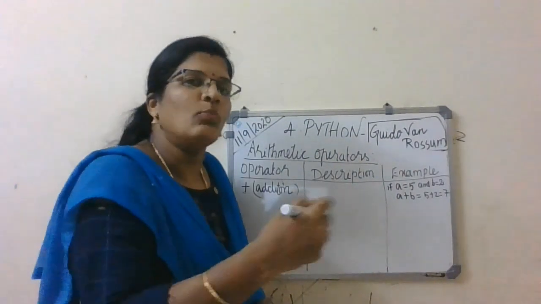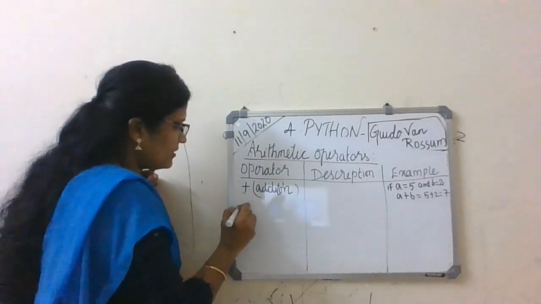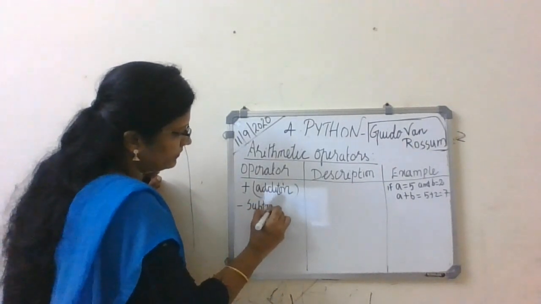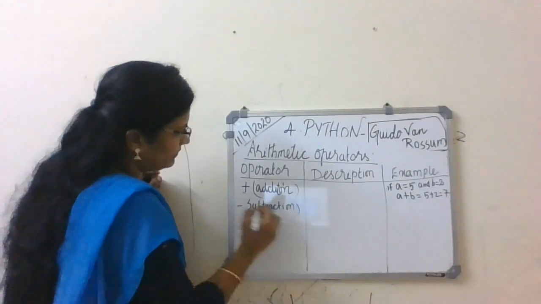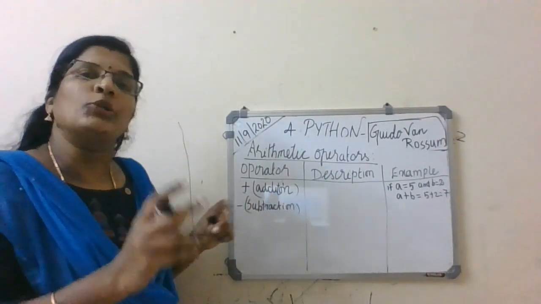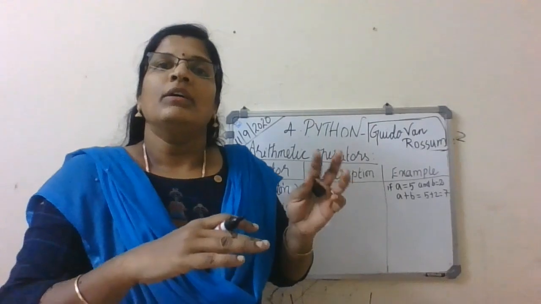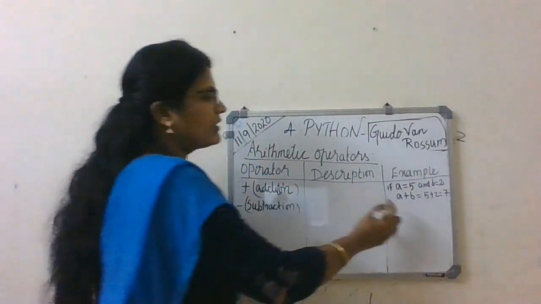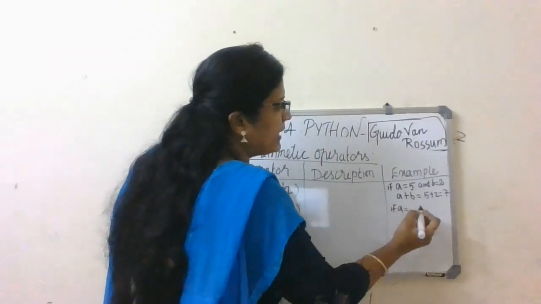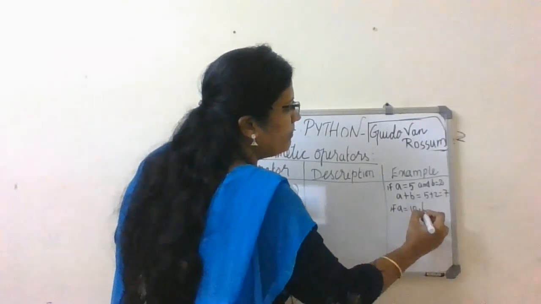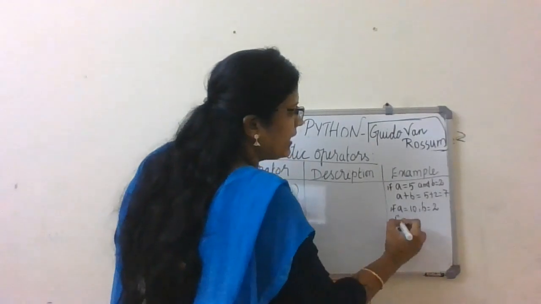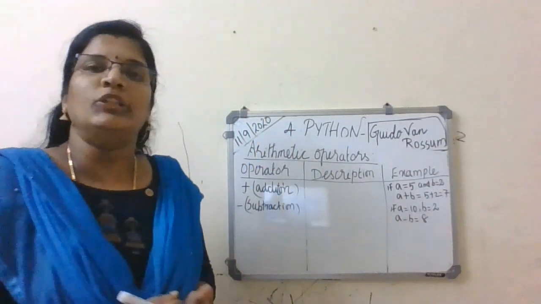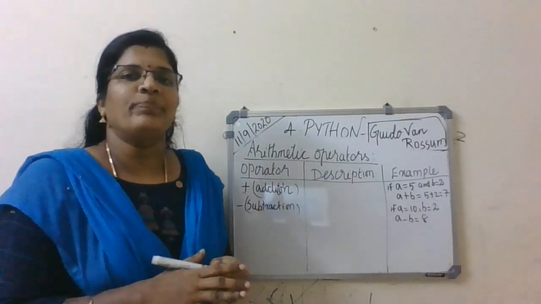Then the second one, subtraction. Subtraction means to subtract the first number from the second number or the second number from the first number. Example: if A is equal to 10, B is equal to 2, then A minus B is equal to 8. 10 minus 2 is equal to 8. You will get only the answer.